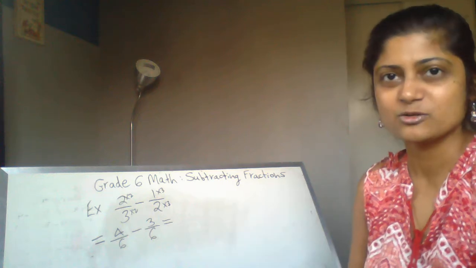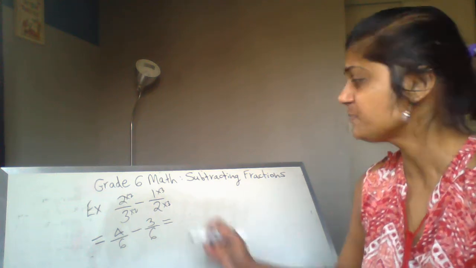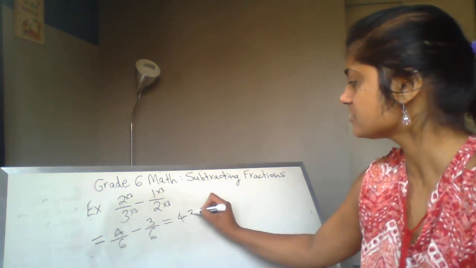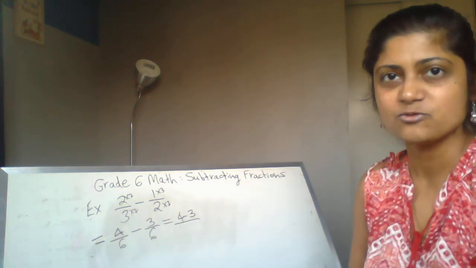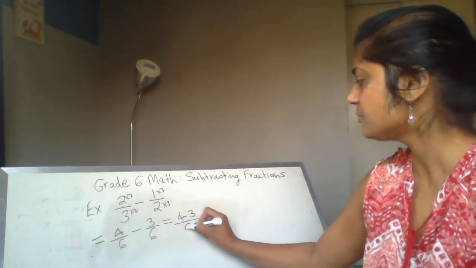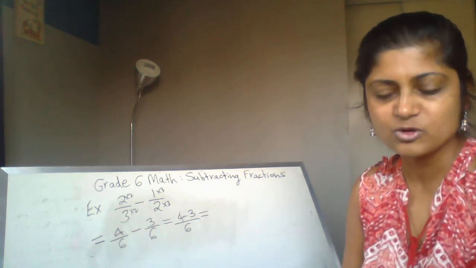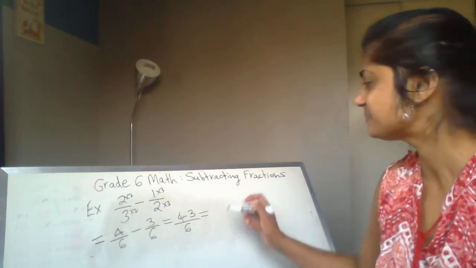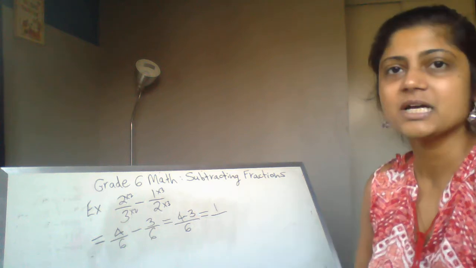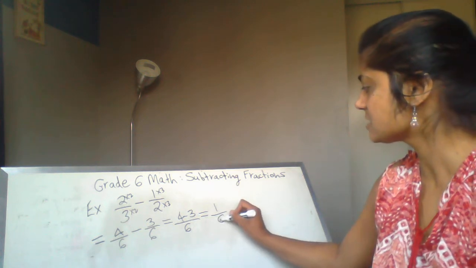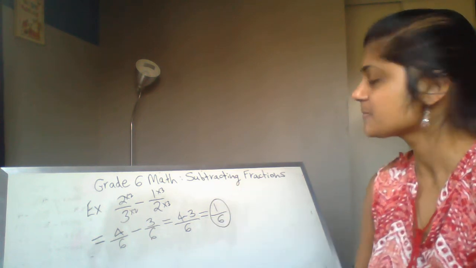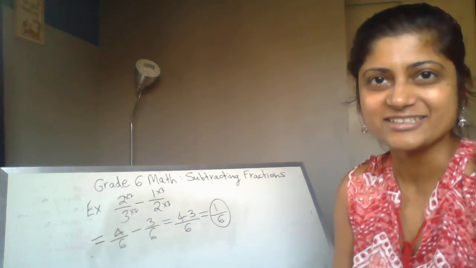One more time, I notice the denominators are the same here, so I'm going to subtract the numerators. I wrote down 4 minus 3, and the bottom stays as 6. 4 minus 3 is equal to 1, and the denominator is 6. So this is my final answer. I'm getting 1 over 6.